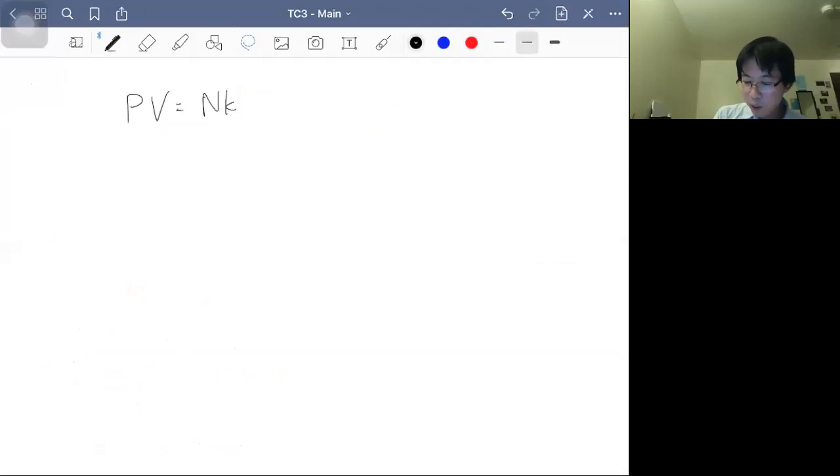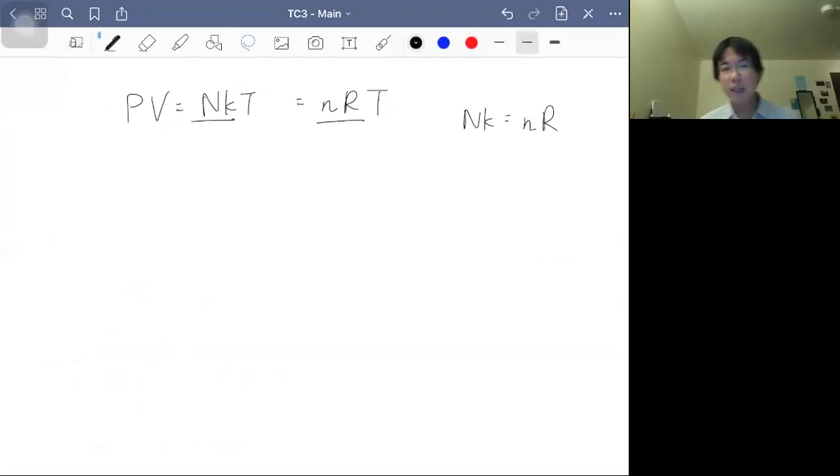This is exactly the same: capital N k is literally equal to little n R. You can plug in numbers to check. To be honest, physicists much prefer the left-hand side version.